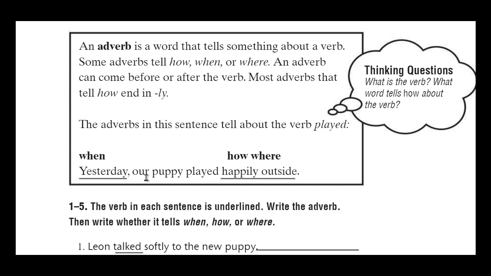Okay. Our puppy, what is the subject in this sentence? The puppy. Our puppy. What did it do? It played. Okay, just played? No, happily. What happily? The puppy is happily? Or the playing happened in a happy way? It's the playing.